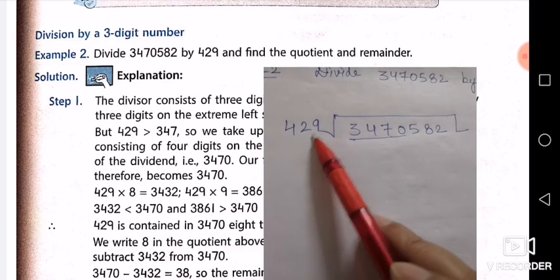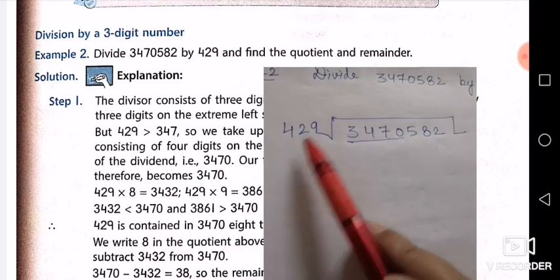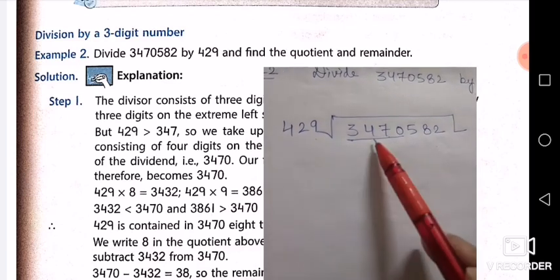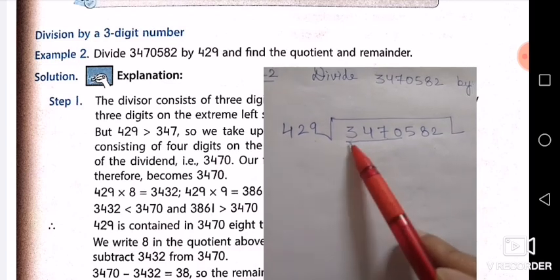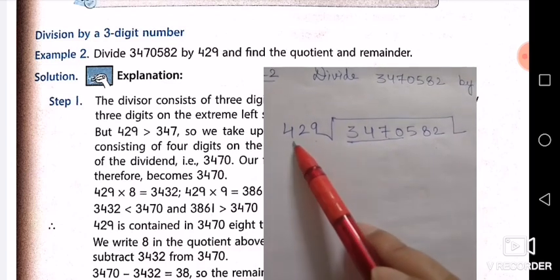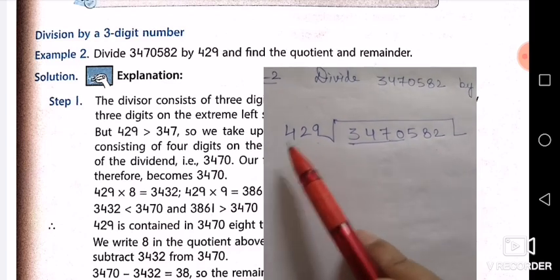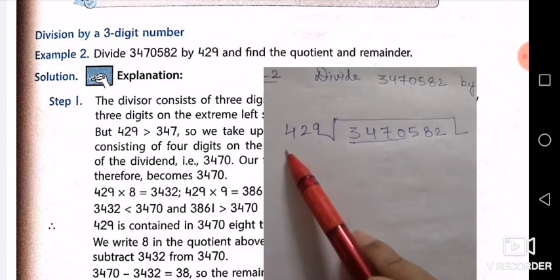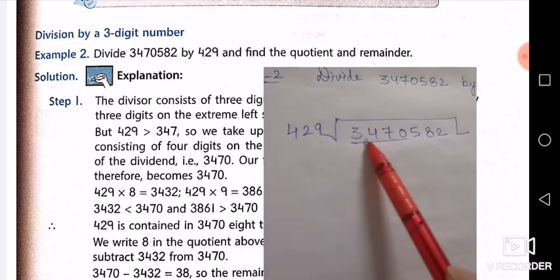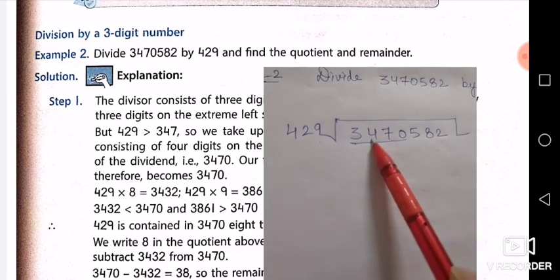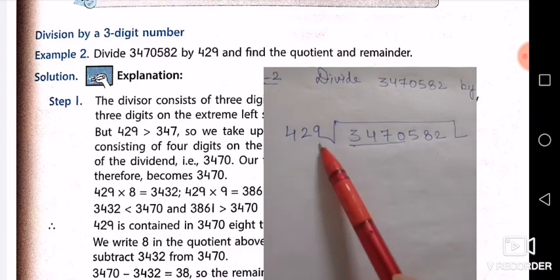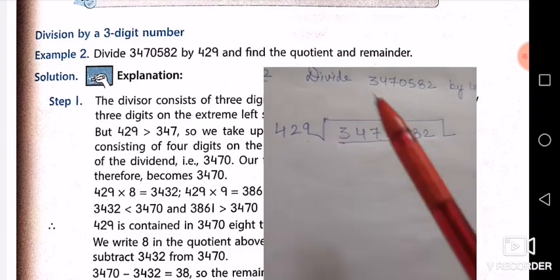So if we find it out with 400, 400 can give an idea of which number 429 will go on. Now if I make it 400, 8 fours are, you all know, 32, and here the first two places are 34. So hopefully 429 is going on 8.